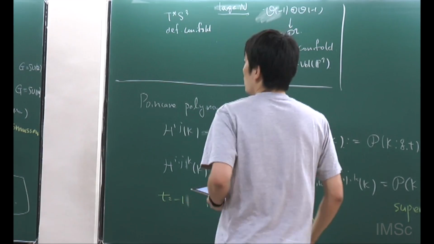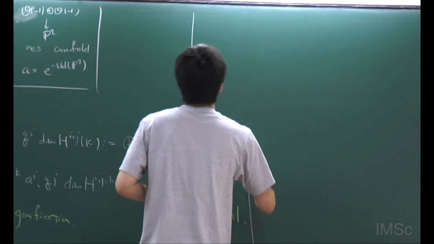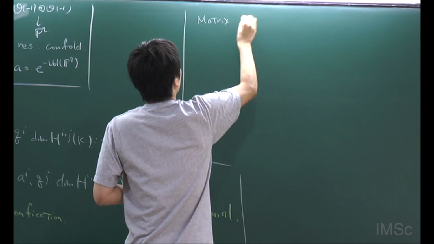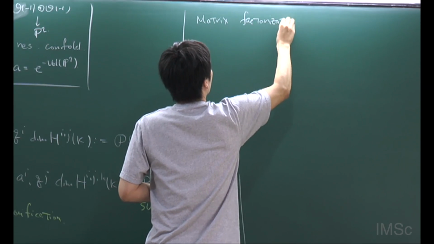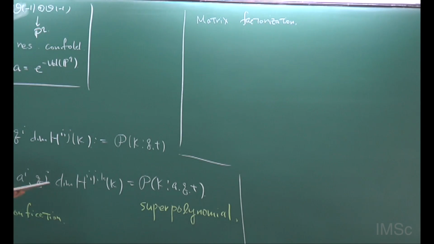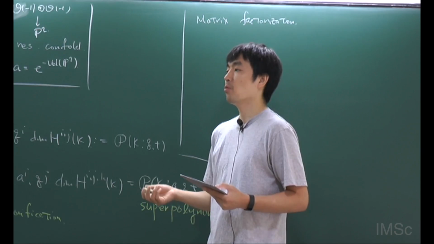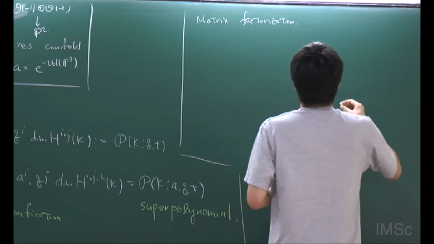So the construction is given by so-called matrix factorization. Matrix factorization can be explained without physics, but most of the people here are physicists.